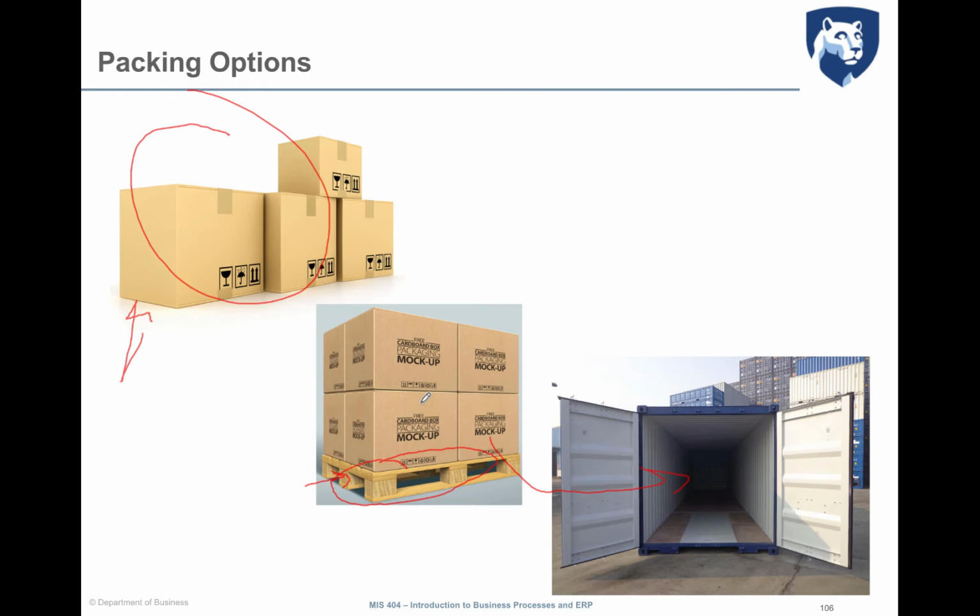I don't want to make this too technical, but just to give you an idea that this is the physical impact of the transfer document: packing in cartons, putting cartons on pallets, and then putting pallets in the storage area where materials wait to be delivered.